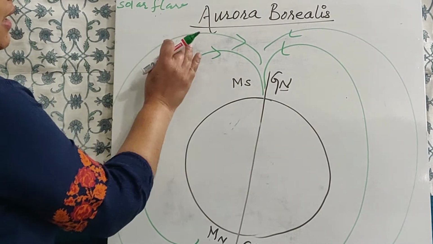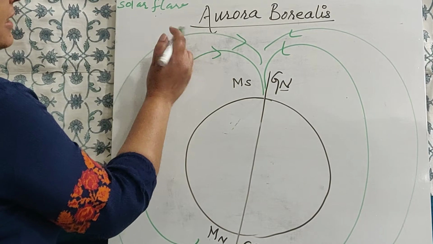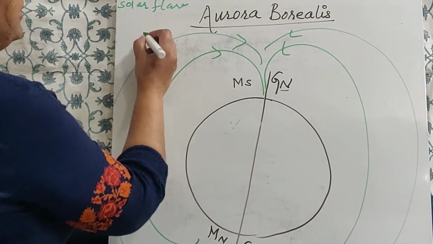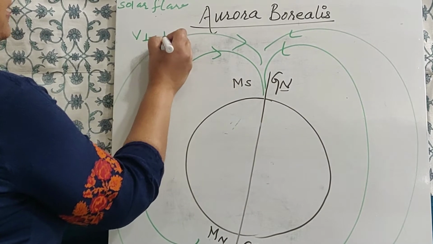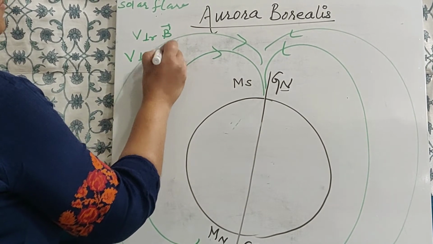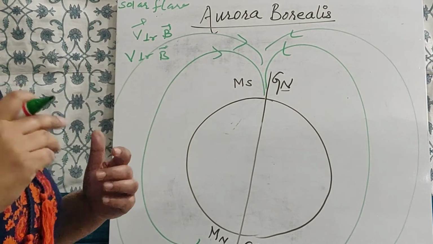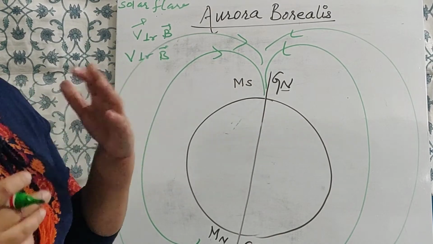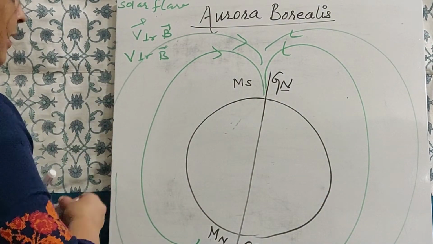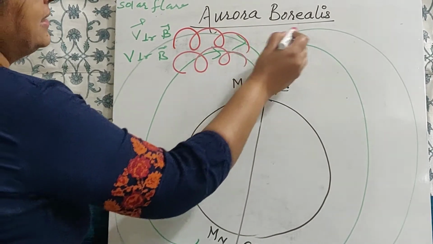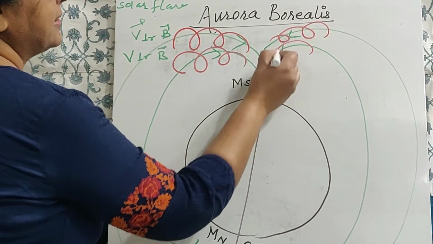When a charged particle gets trapped in the Earth's magnetic field, it can make any angle with the magnetic field. V may be perpendicular to B, or V may not be perpendicular to B, anything can happen. When V is not perpendicular to B, the charged particle will acquire a helical path and these charged particles will move like this.